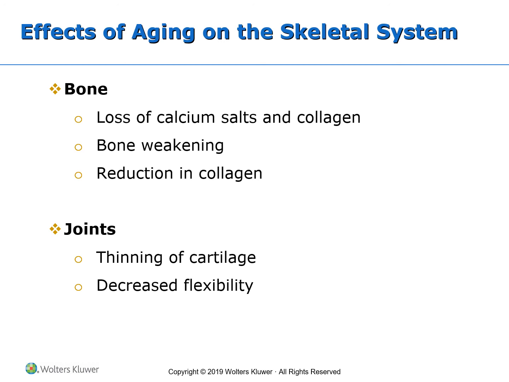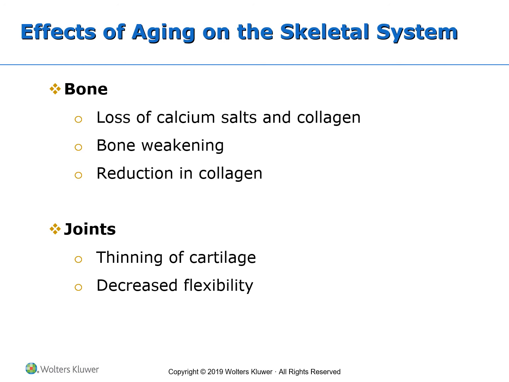As a result of changes in the bone structure and the overall dehydration of the body with aging, the vertebral column will lose height. Usually we lose about half an inch every 20 years starting in our 40s.